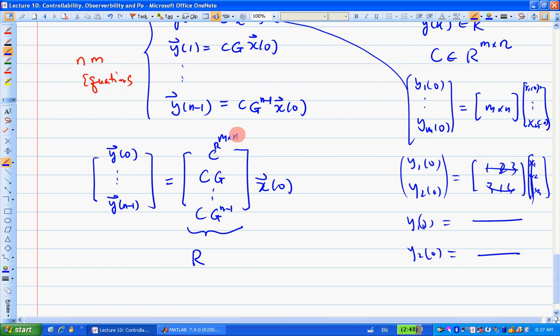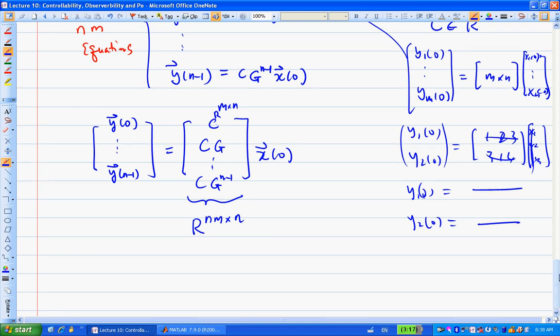Each one is m by n. How many rows are here? There are n blocks, and each one has m rows. So altogether, it's nm by n.